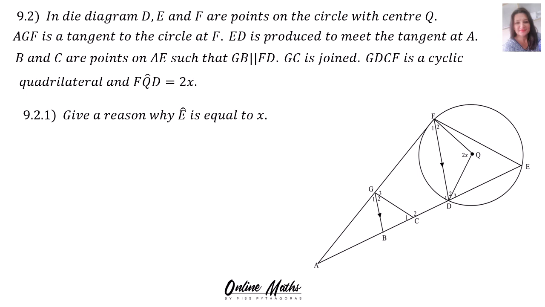That is indicated on the sketch. GC is joined. GDCF is a cyclic quadrilateral, and FQD is equal to 2x. That FQD, that's the angle at the center.